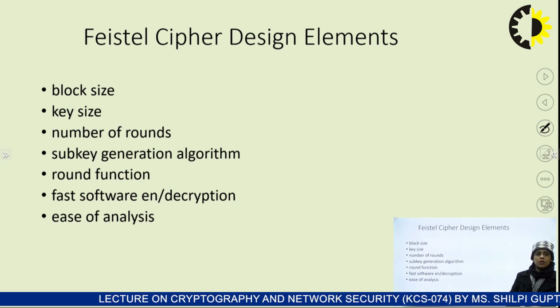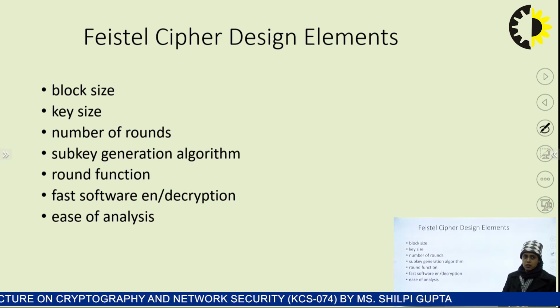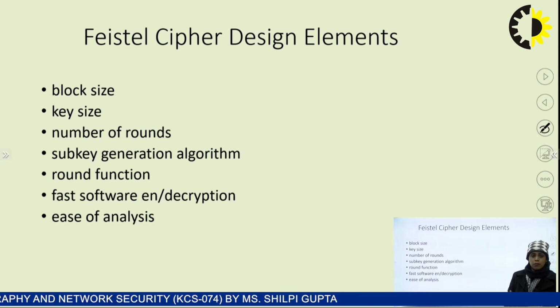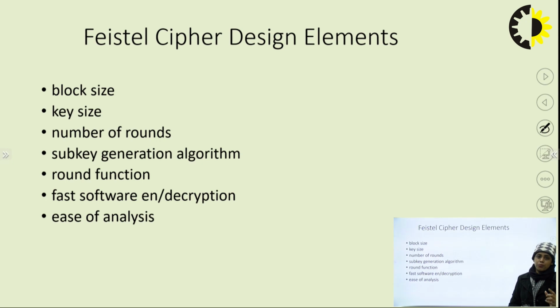These are the main elements which contribute to the Feistel Cipher design. The block size: whatever block or part of the input we are going to process, what is the size of that block? That plays an important role. Second is key size: which particular size of key we are taking to process this block? That also provides an important factor for Feistel Cipher security. The number of rounds: we can increase or decrease the number of rounds according to the requirement, which kind of information we are sending, and how much security the information requires.